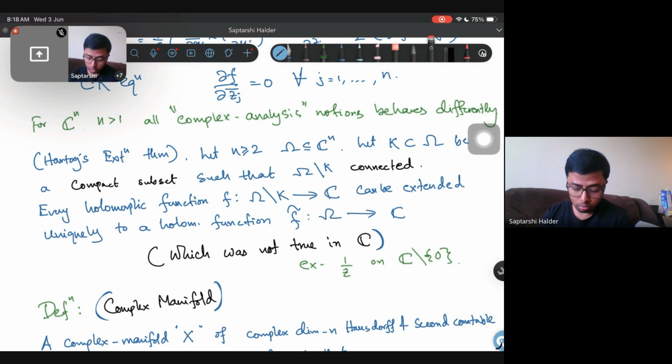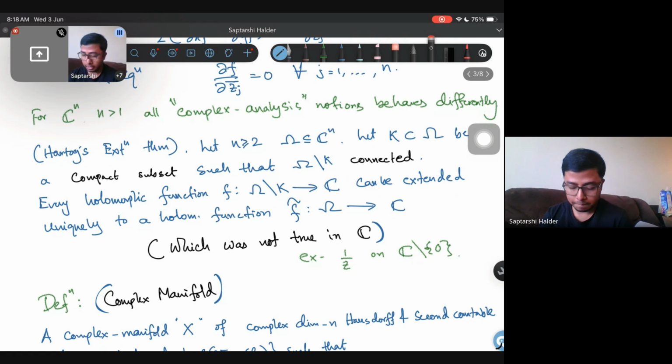Now, what this theorem says is that every holomorphic function defined over Omega minus K to C can be extended, not only extended but extended uniquely, to a holomorphic function f tilde from the whole domain Omega to C. That is the statement for n greater than 1.